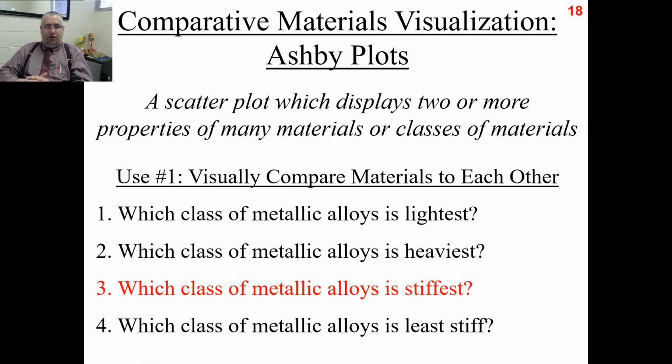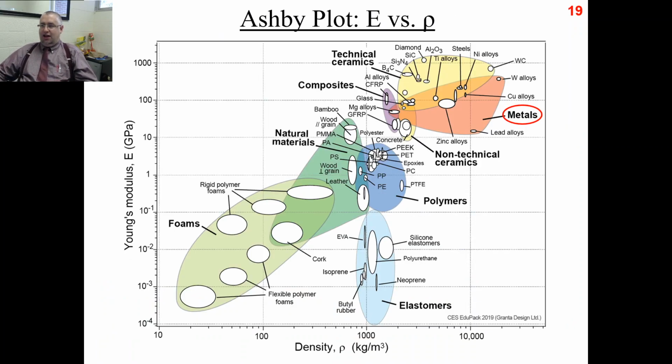Now we're looking for the metallic alloy that is the stiffest. For the stiffest, we want the one that has the highest Young's modulus, because the one that resists deformation the most is the stiffest. Instead of looking along the x-axis like before, now we're looking at Young's modulus, which is along the y-axis.